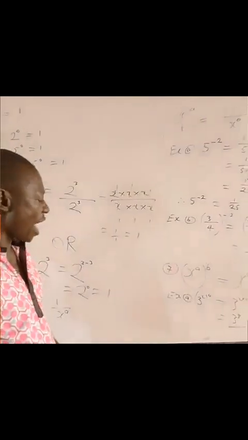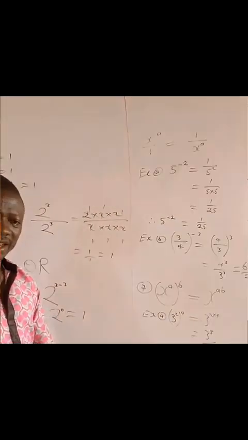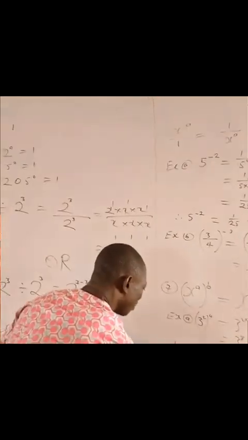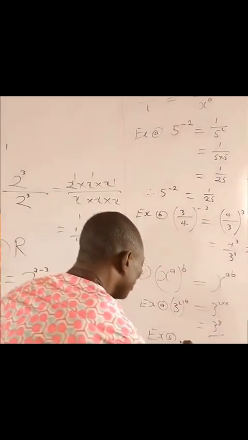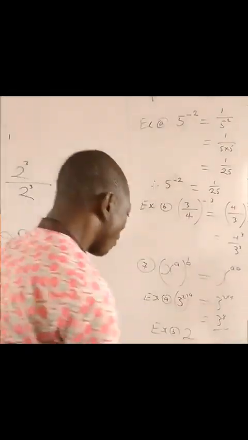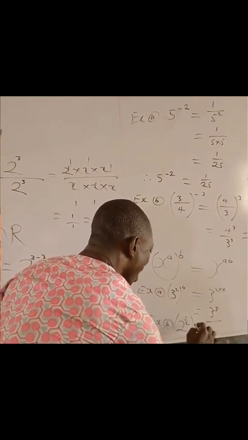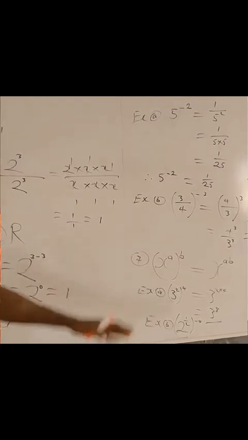Let us see a situation where one of them may have a fraction. In example number 2, take a situation where we have 2 raised to power 1 over 2, raised to power minus 4.